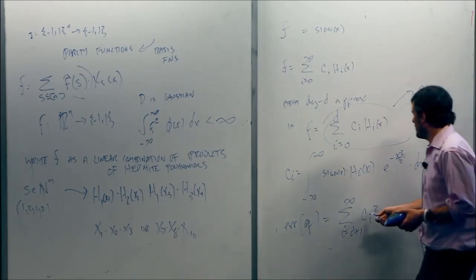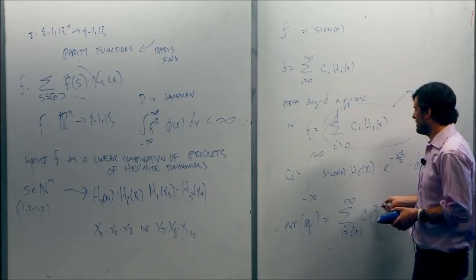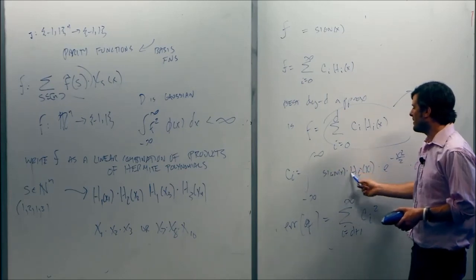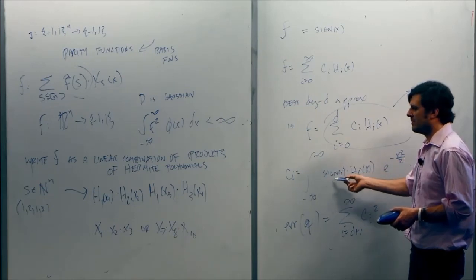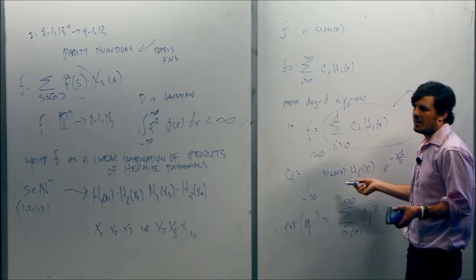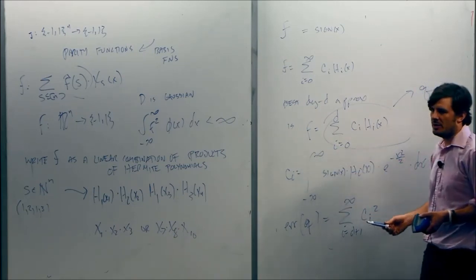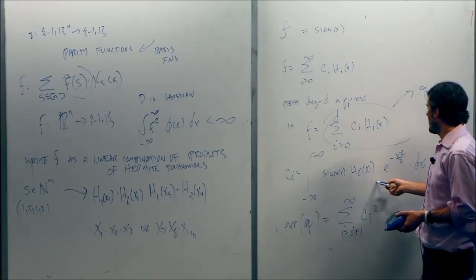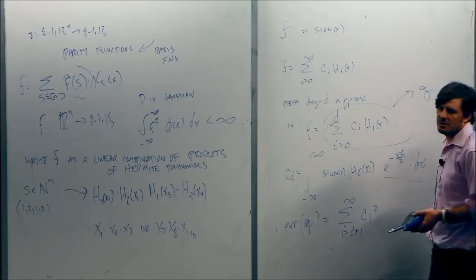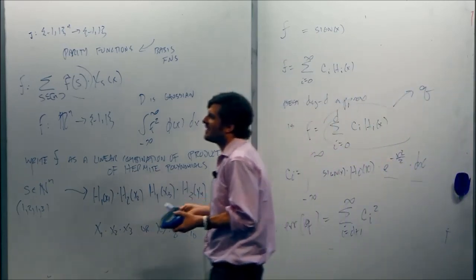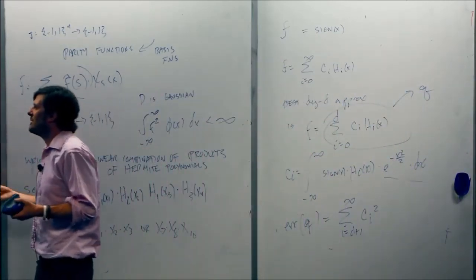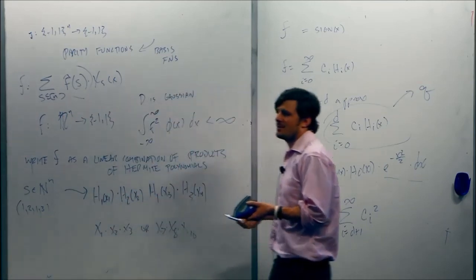I mean, we need to compute the sum of the squares of these c_i's, but all we have here is a sign. So I can break up this integral into minus infinity to 0, where the sign will be minus 1, plus 0 to infinity, where the sign will be 1. And then I'm left with h_i of x times the Gaussian measure dx. But these h_i of x's are concocted to work extremely well and behave very nicely with respect to the Gaussian measure.